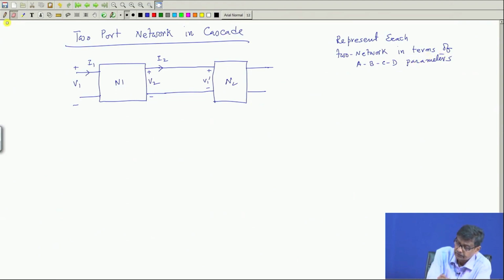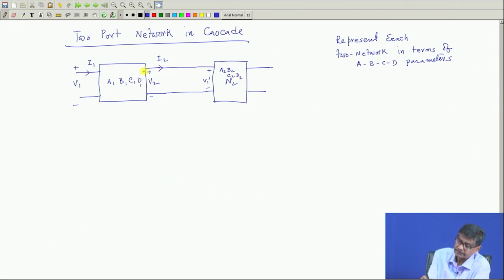That is, network 1 has ABCD parameters A1, B1, C1, D1. Similarly, for this network the ABCD parameters are A2, B2, C2, D2, like that we will represent.